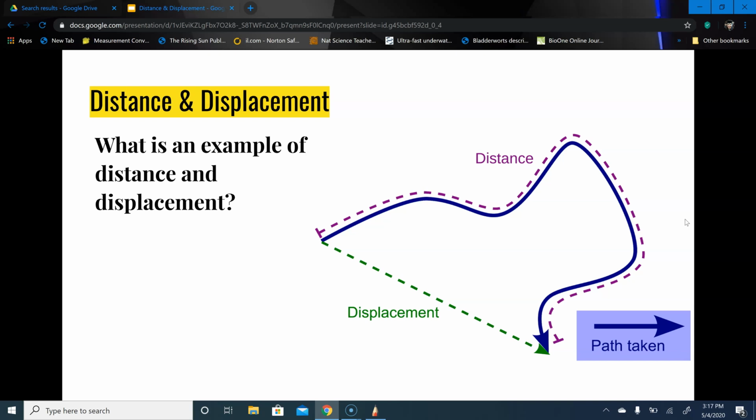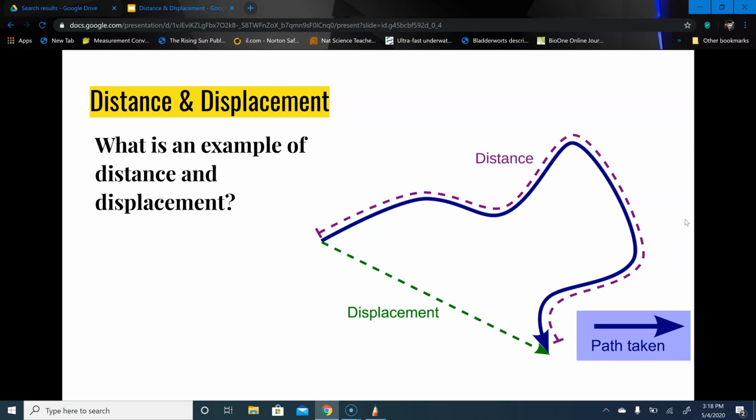Maybe you wound up leaving the roadway and you did travel 3 miles, but maybe you came out on the road only about 1.5 miles down the road, because you can see the green line is not as long as the pink. Okay, so that would be the difference between distance and displacement.